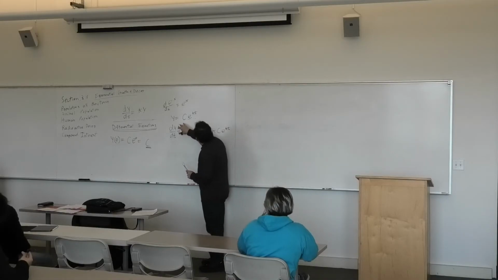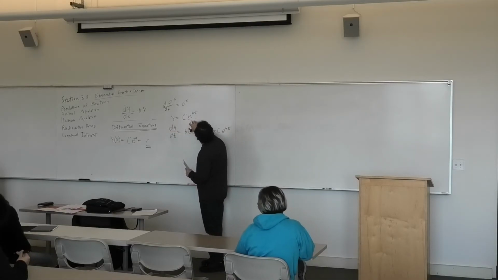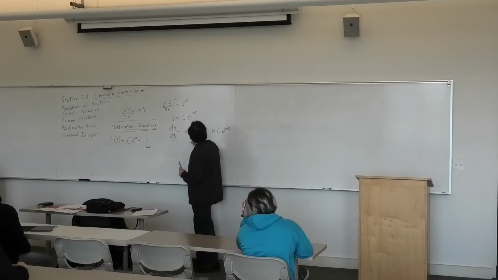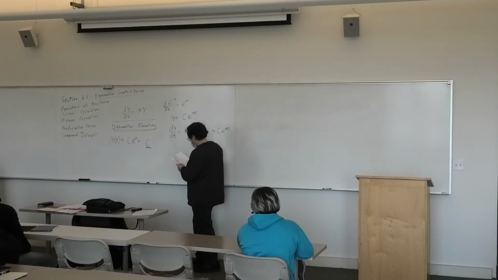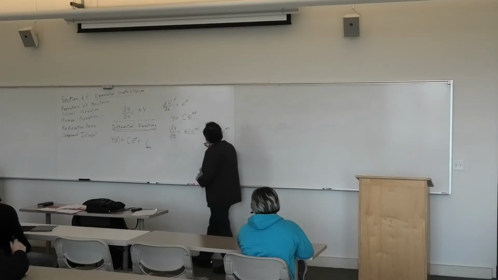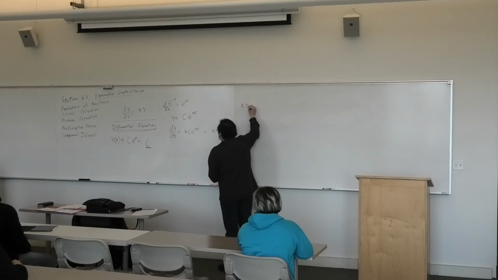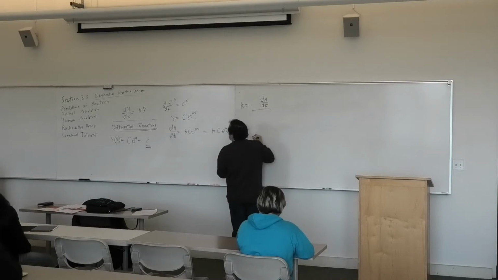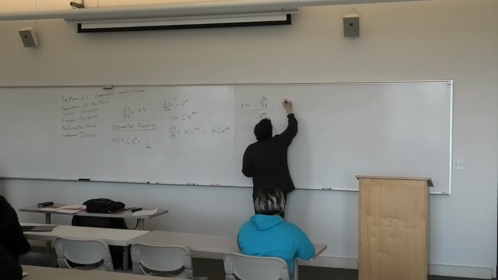Since we know y is equal to c e to the kt, and the derivative is equal to kc e to the kt, we can solve here for k. It's kc e to the kt over c e to the kt, or y.